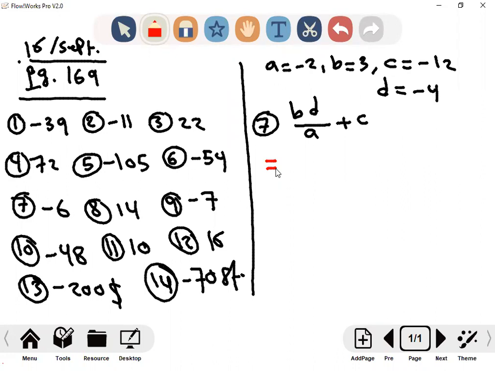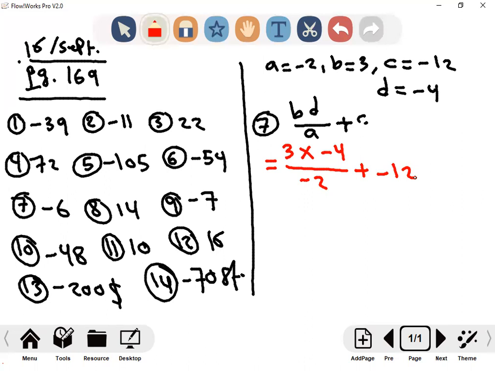B is 3 multiply D, -4, over A, which is -2, plus C, which is -12.